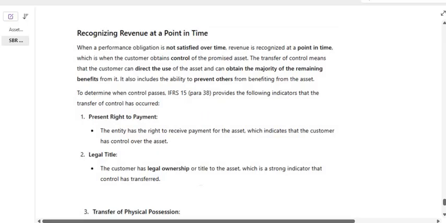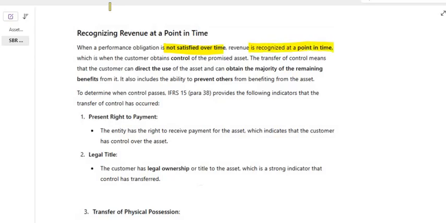You see here, when a performance obligation is not satisfied over time, then revenue is recognized at a point in time, which is when the customer obtains control of the promised asset.